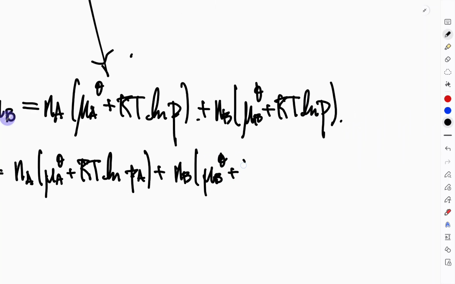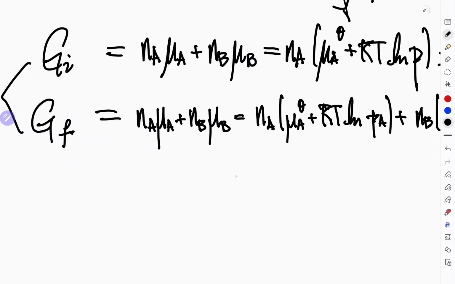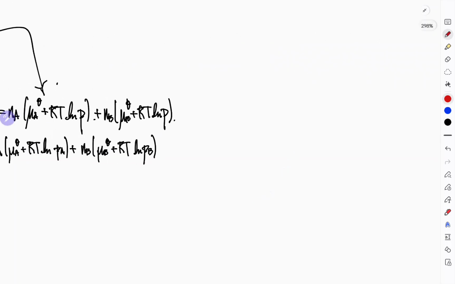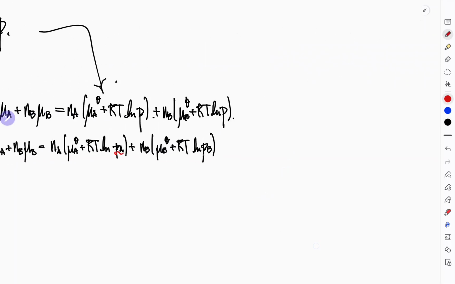So what we would like to know is how these change during the mixing process. So we want to know the Gibbs energy of mixing, so we are going to get the final Gibbs energy.